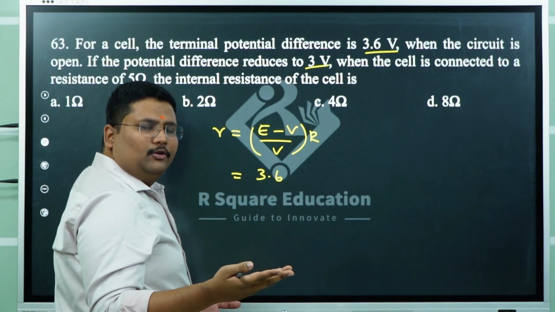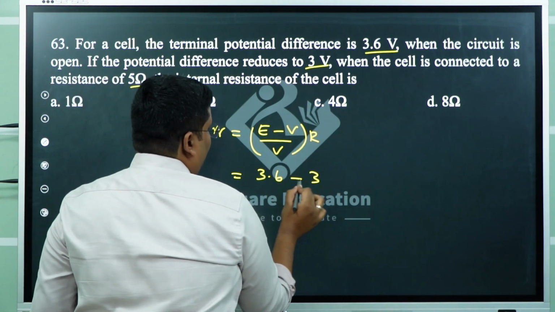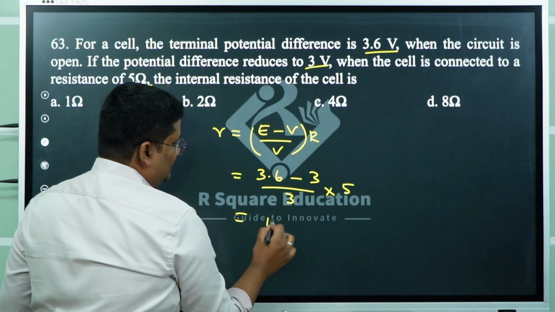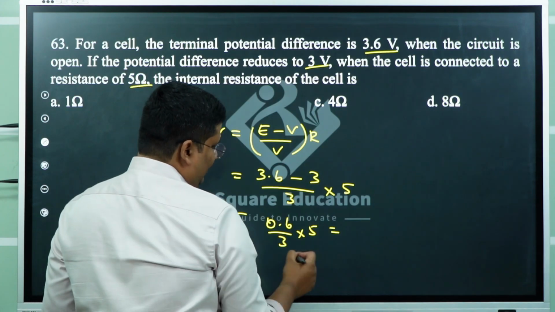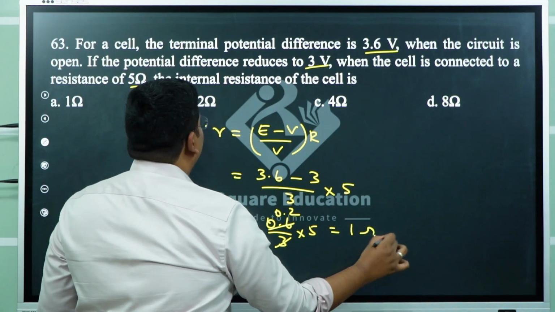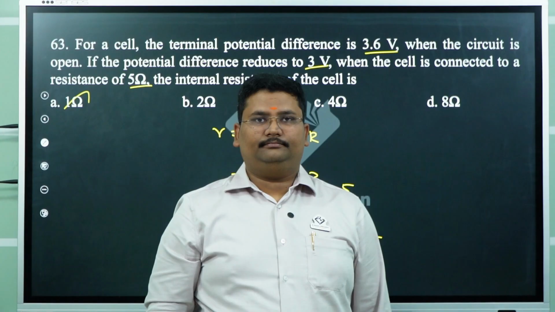Open circuit means there is no load in it. So that is going to be the EMF, minus the potential which it reduces to, and R is going to be 5. So it's going to be 0.6 by 3 into 5, which is 0.2 into 5, which is going to be 1 ohm. So the answer is 1 ohm.